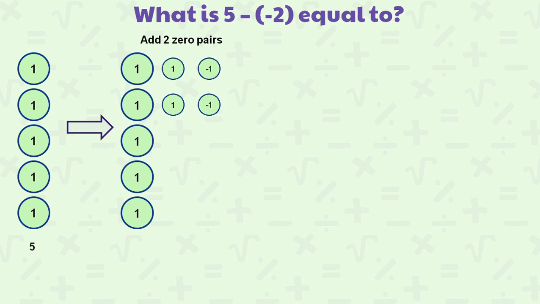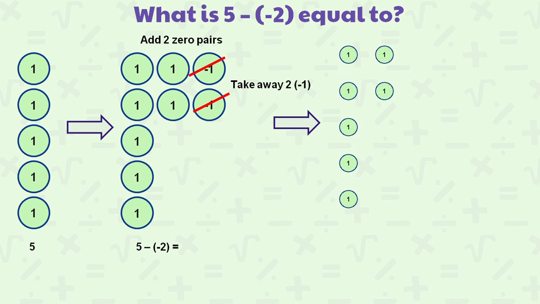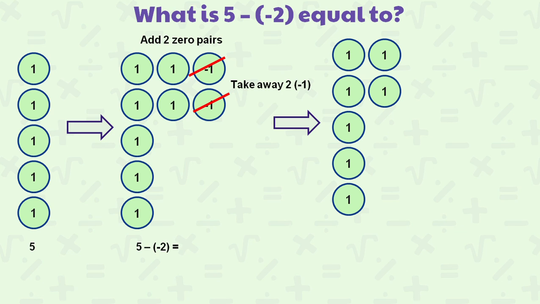And then you need to take away 2 negative 1, because the equation is 5 minus negative 2. Take away 2 negative 1 and it becomes 7. So 5 minus negative 2 equals 7.